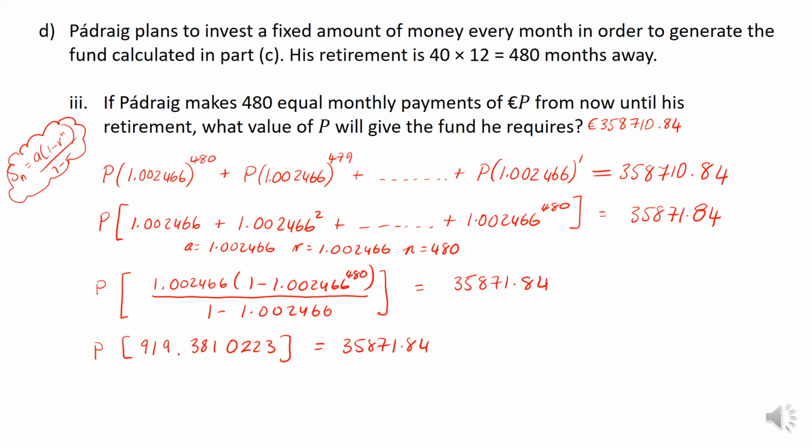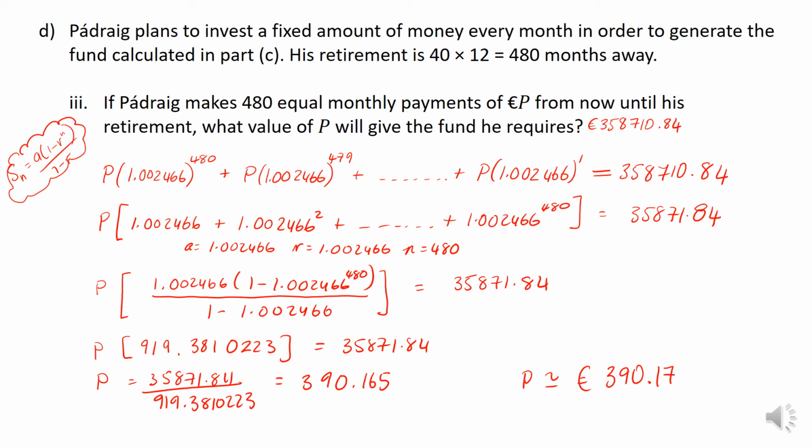Okay, so solving for P, we divide, and for P we get 390.165, rounding to the nearest cent because it is money, €390.17. So that's his monthly repayment to get the fund that he needs.